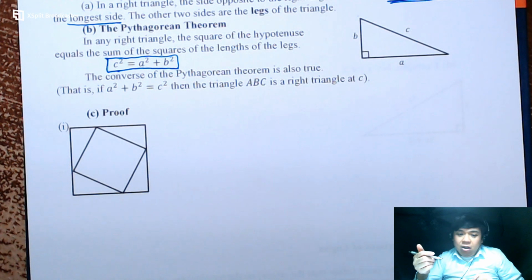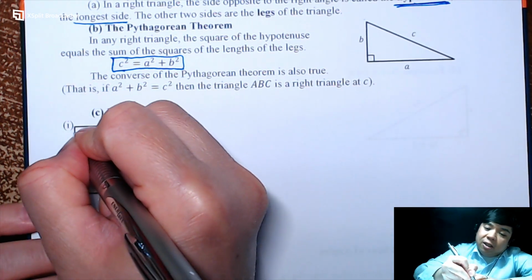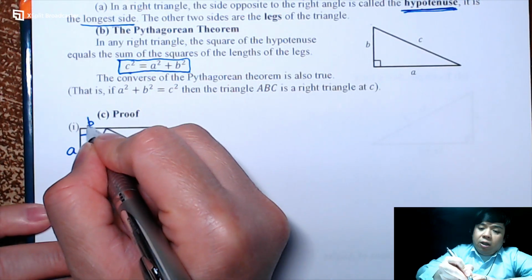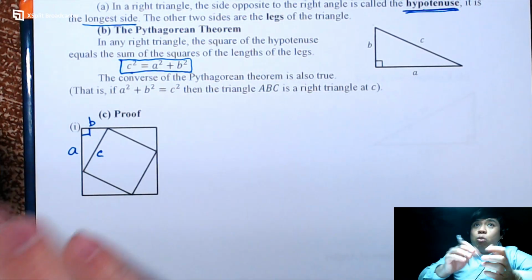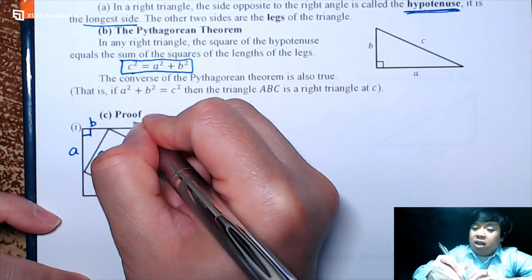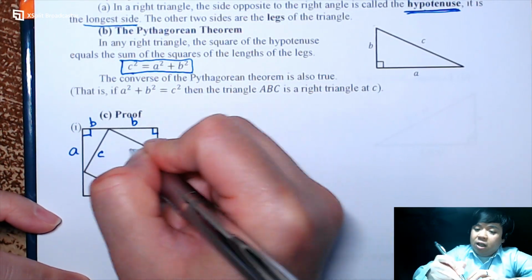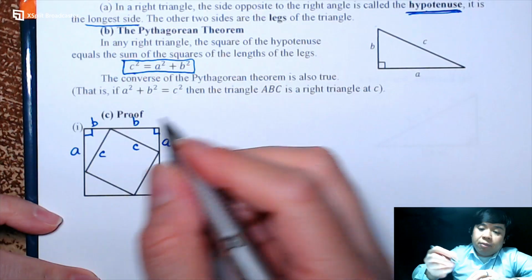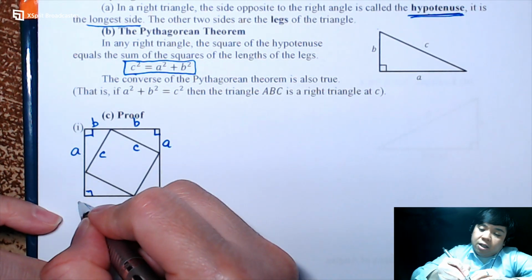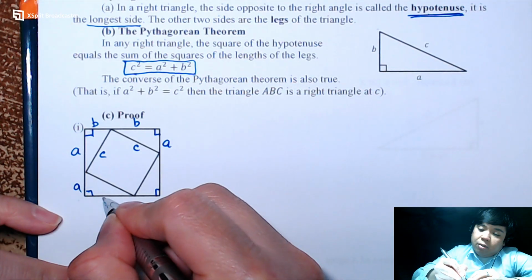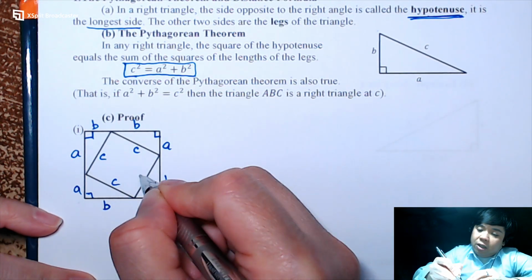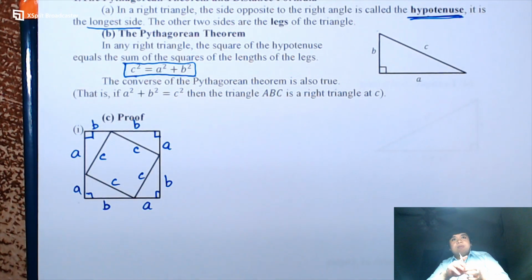Now let's say we have a triangle with sides A, B, and C. Now we stack them differently. So this shortest side is A, this is B, and this is C. And this is A, B, C, A, B, C. So we have that.